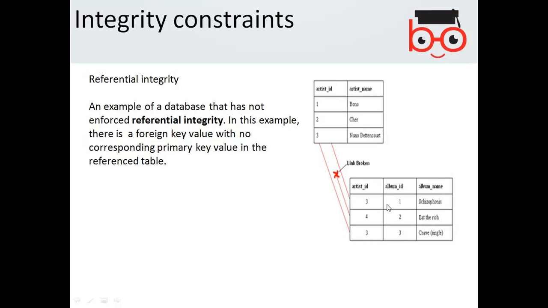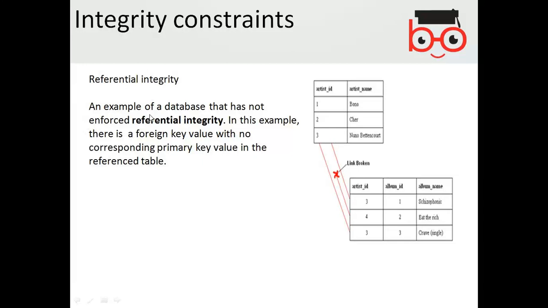However, 3 is existing in this table. So one link is broken. If one linkage is broken in the primary and foreign key relationship we discussed earlier, it means the referential integrity is not obtained.